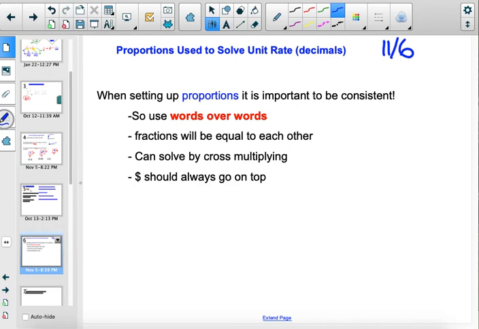Whatever word's on bottom, let's say dollars, you want to make sure you're doing dollars and dollars. As long as you're consistent, you will not mess this up. You could have 2 or 3 or 4 different ways of setting it up, and all of you will get the right answer as long as you're consistent. And that's why I say use words over words. At least use letters over letters if they're different.